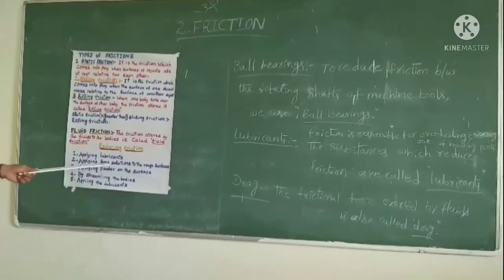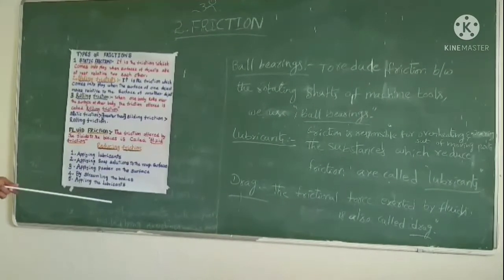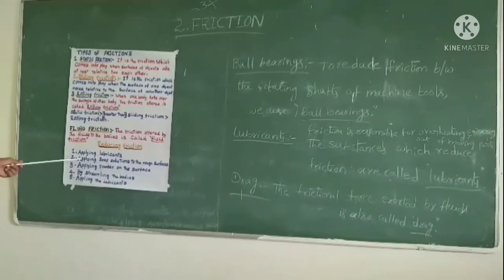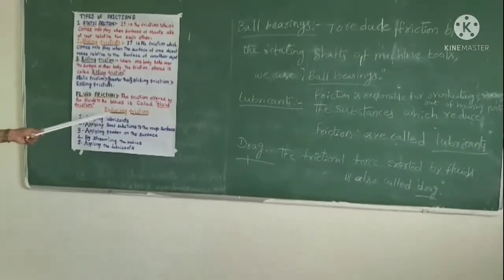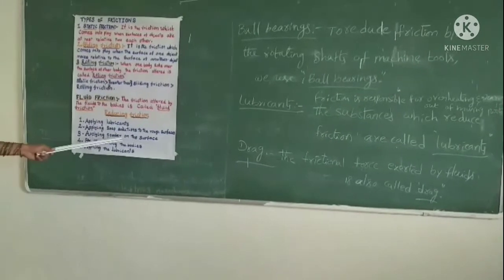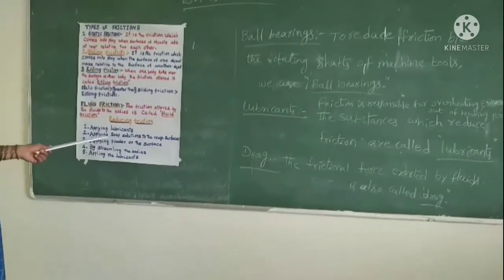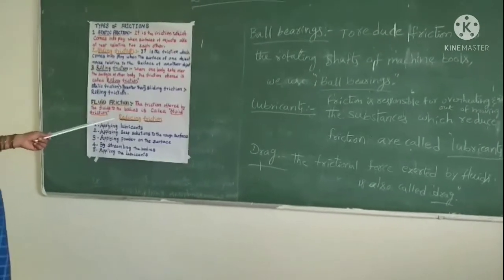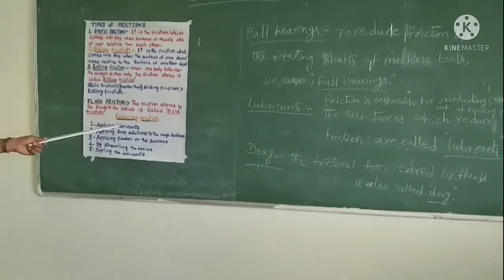Can you walk on slippery surfaces? No, because they have reduced friction. Another way is to apply powder on the surface. In the game of carrom, we sprinkle powder on the carrom board.